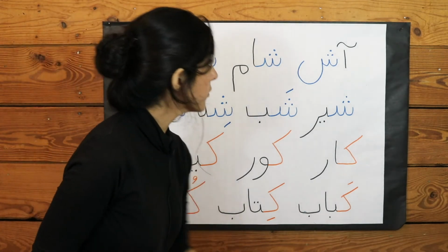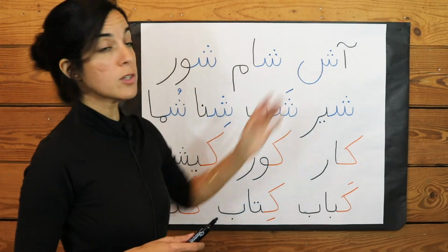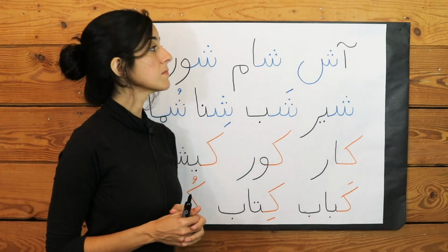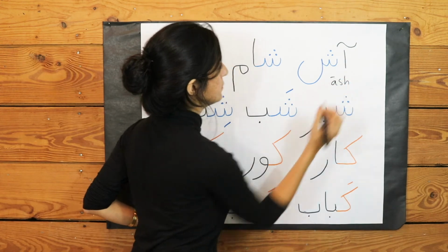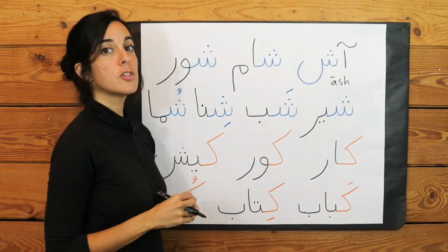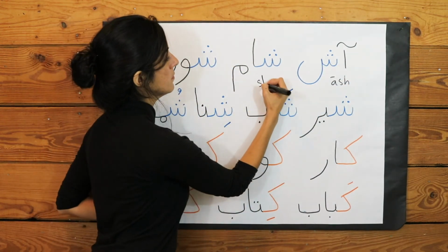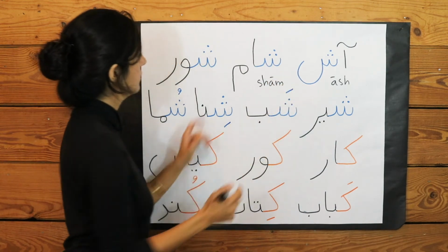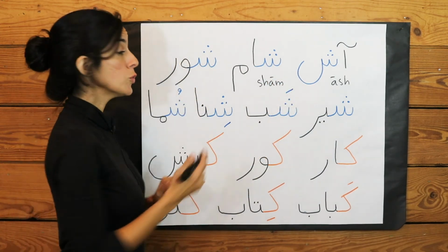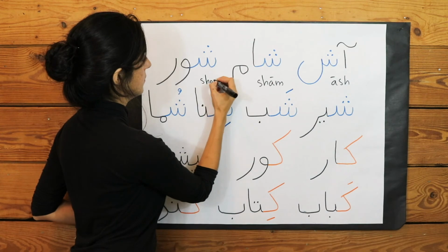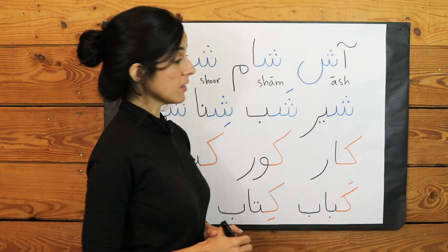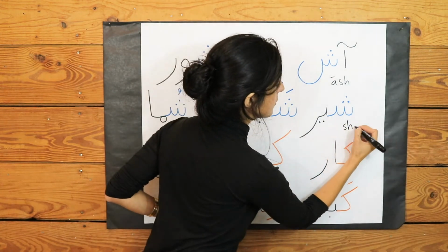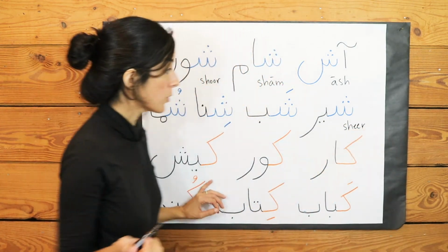So let's go over all of our words. This time I'm going to point to it, you read it. Ash. Sham. Shur. Sheer, the strange word that means either lion or milk.